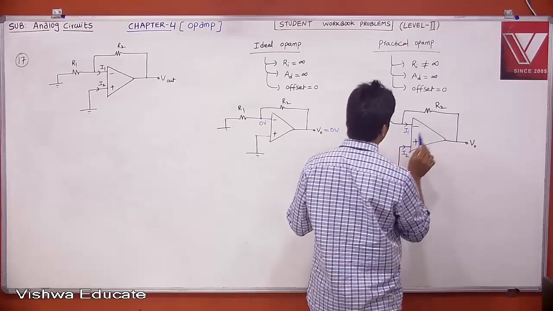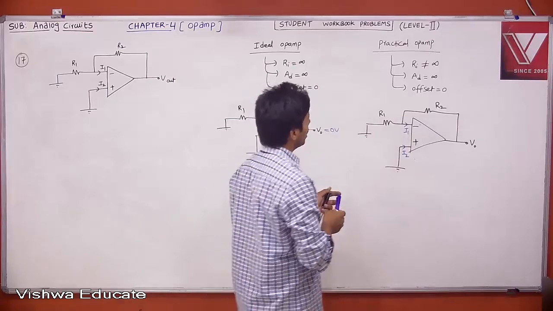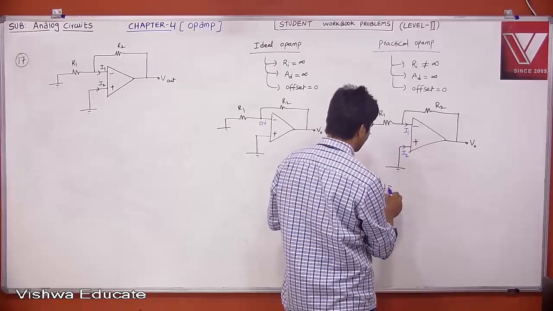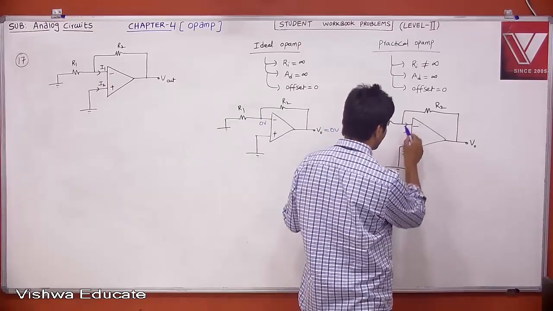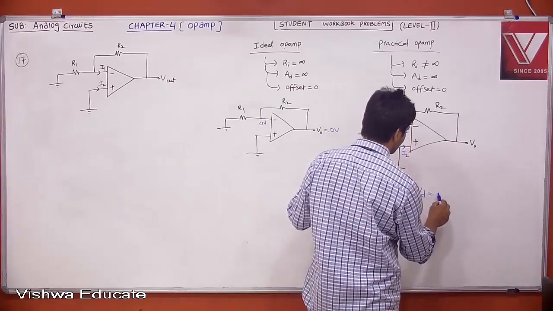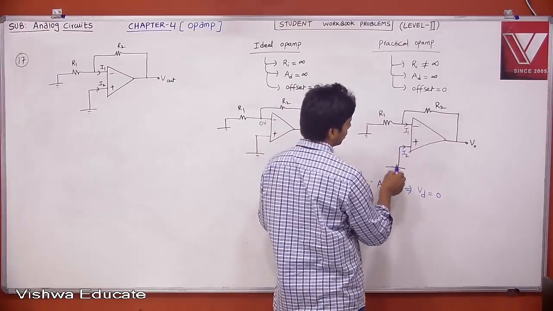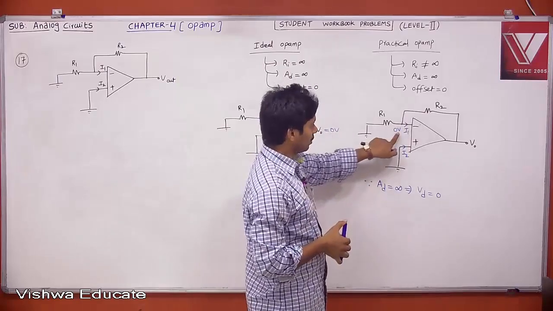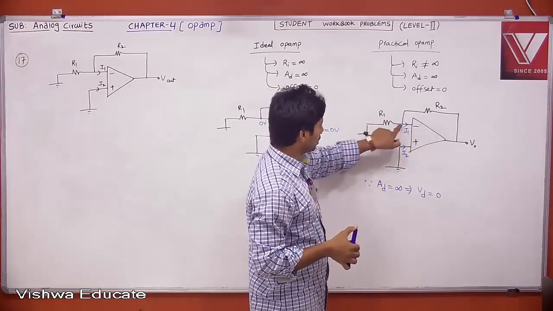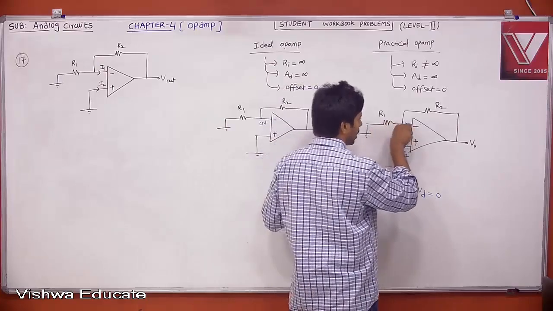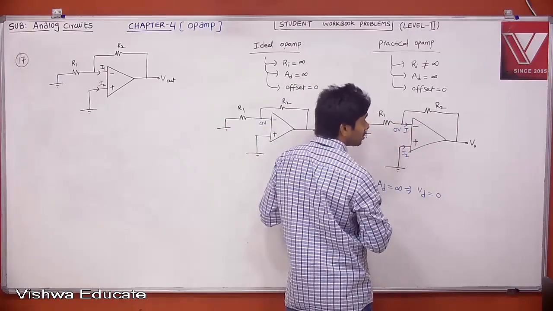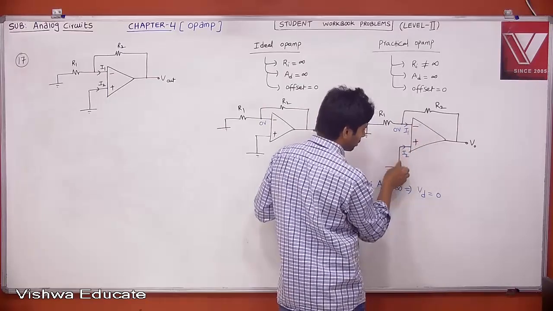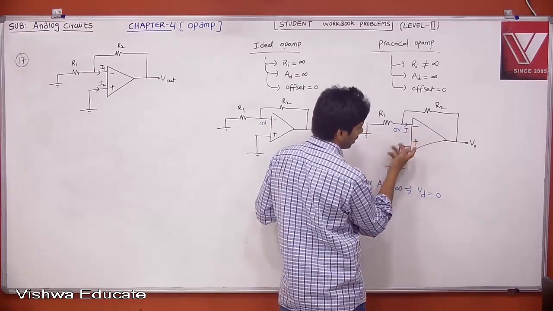There may be some current. Because your AD, the differential gain, is infinity, the virtual ground concept is valid, and your VD is 0. If VD is 0, then this is 0, this is also 0. There is no current flowing through it. But there is a current entering into your op-amp, right? That is because the input impedance is finite. Actually your I1 is nothing but minus I2.